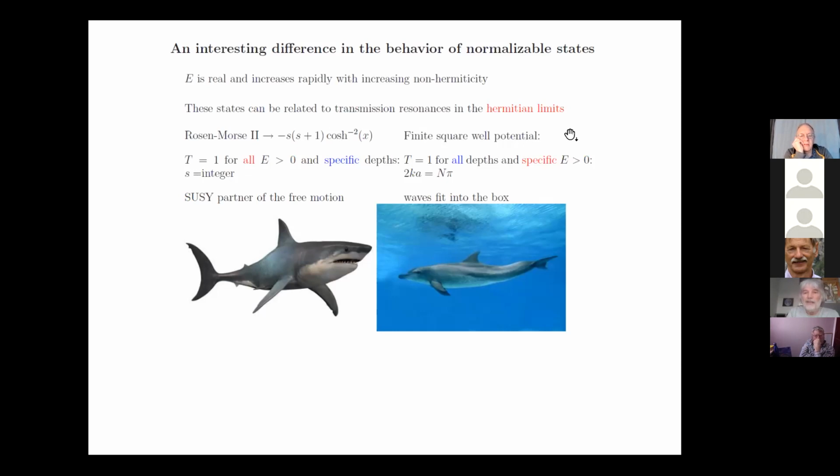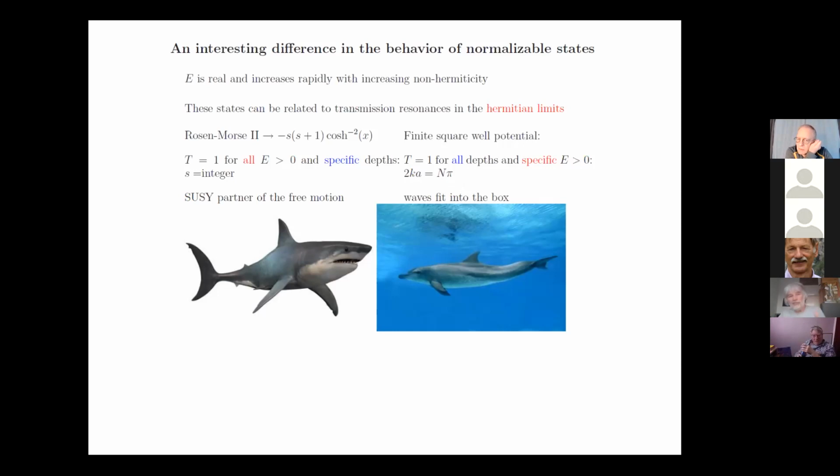Okay, what about the finite square well potential? Here we again have perfect transmission in the real case, but for all depths at specific energies. The energy is determined by this relation. So in this case, the two problems have something different. Of course, the shape is different, so this is a consequence of the different shape.